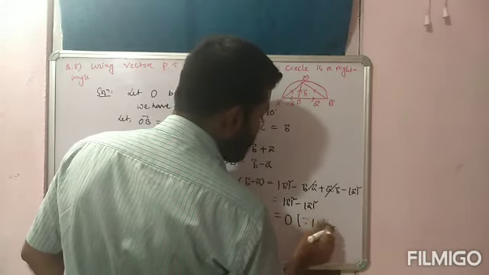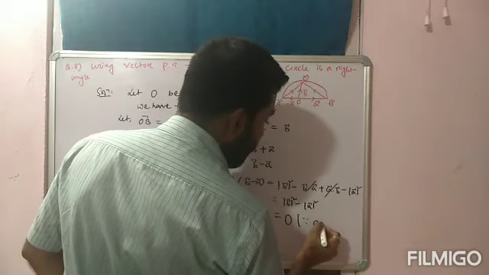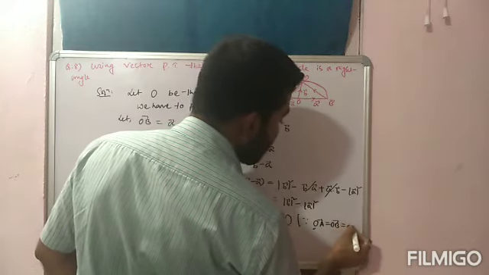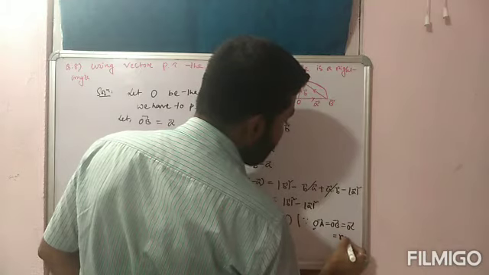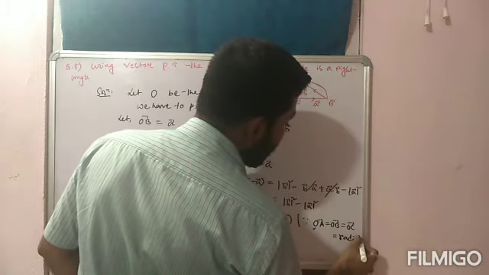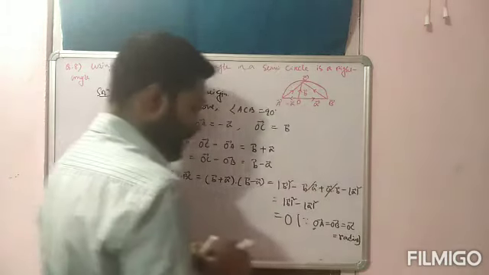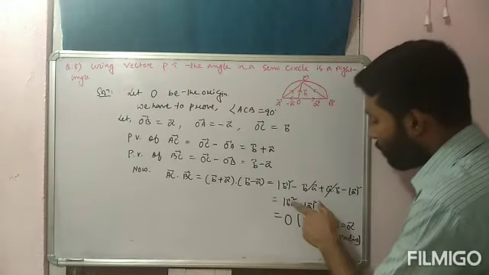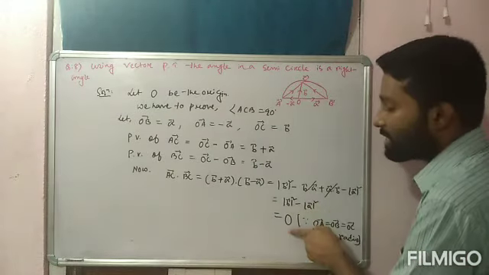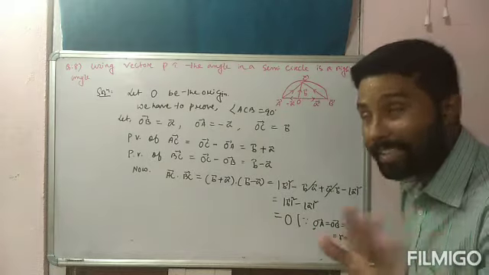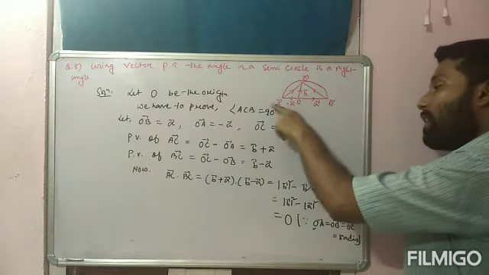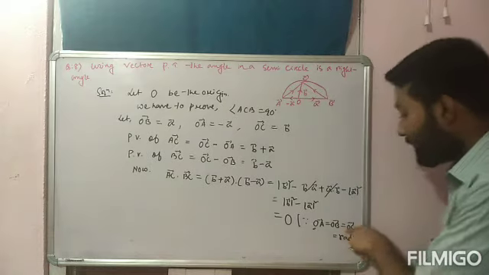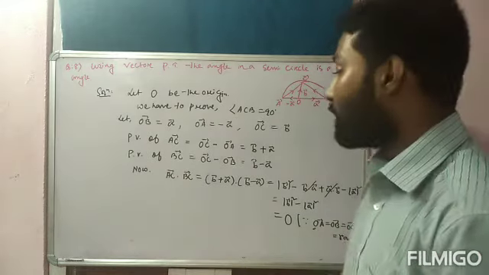Because OA bar, this is equal to OB bar is equal to OC bar, this is equal to radius of the circle. Yes, so radius है तो equal है सब इसका वैल्यू. सो mod B bar minus mod A bar is equal to 0. कैसे हुआ? The reason is OA bar, OB bar and OC bar are the radius. So radius है equal radius. So that's why we can write 0.